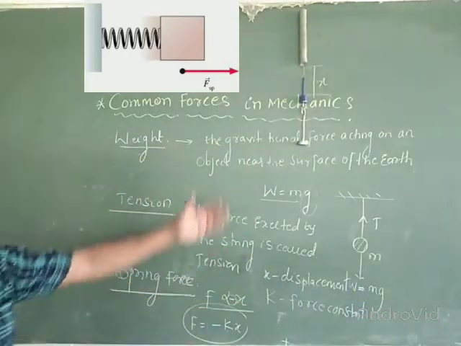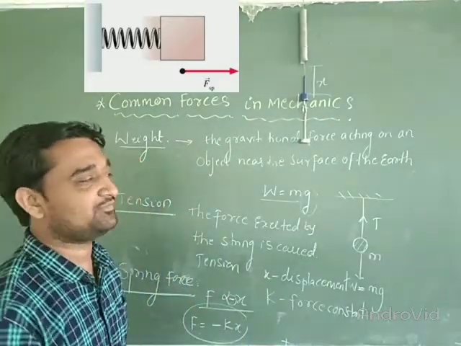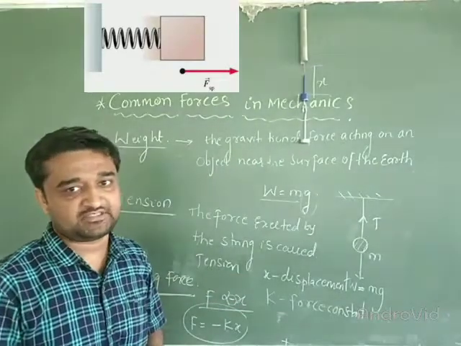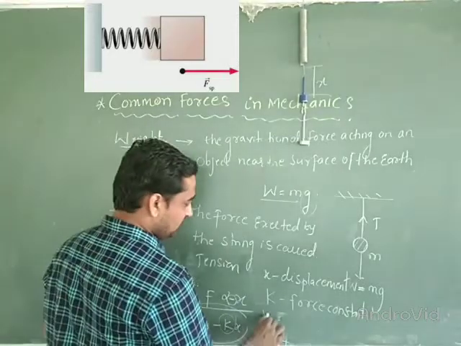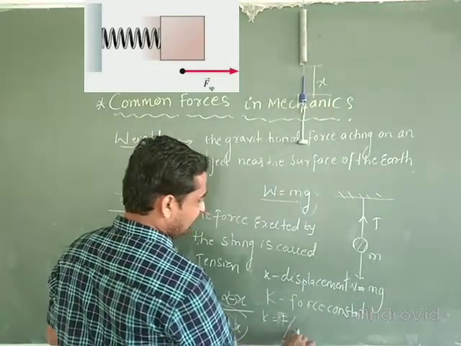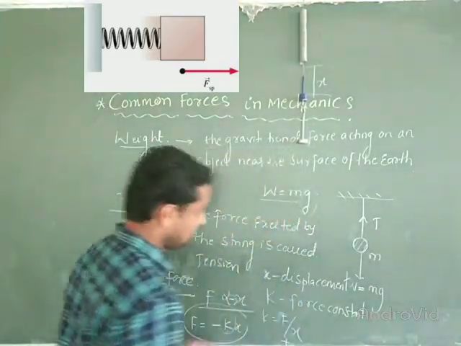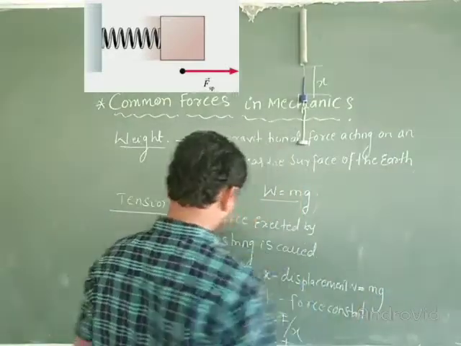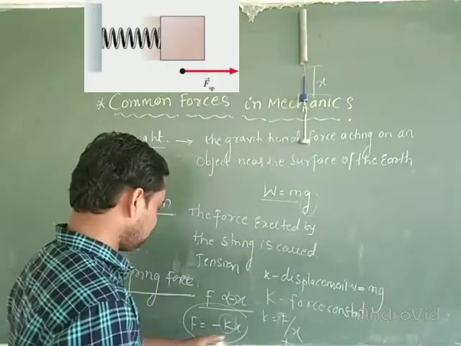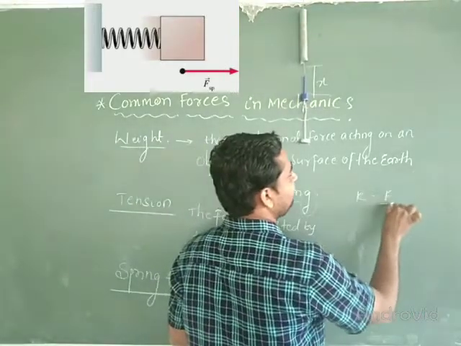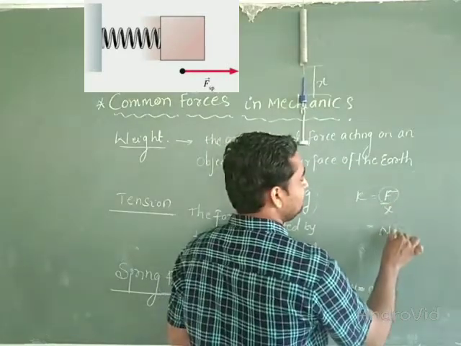So we have one practical based on this. In the PU1 syllabus we have the spring constant experiment to perform. We have to find the value of the spring constant, right? The spring constant k is equal to what? F divided by x, where F is force and x is displacement.